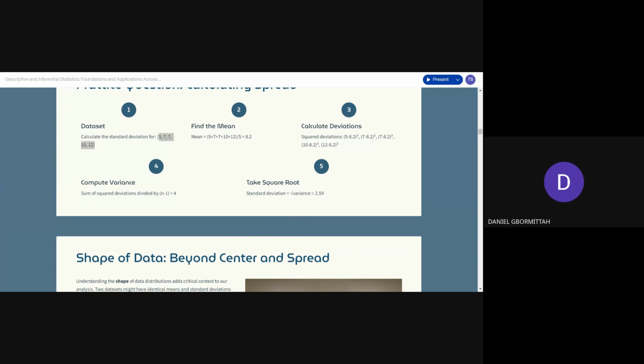Okay, so are the values confirmed? Those values, are they confirmed?